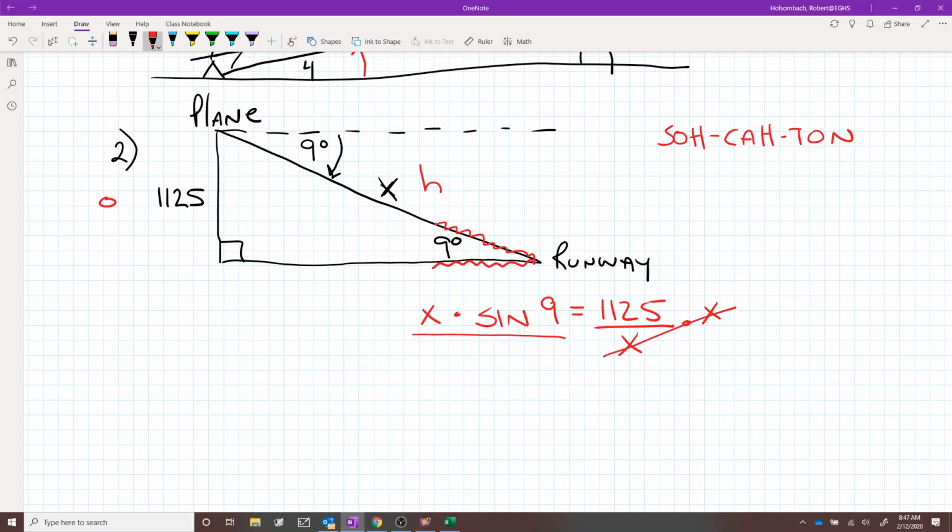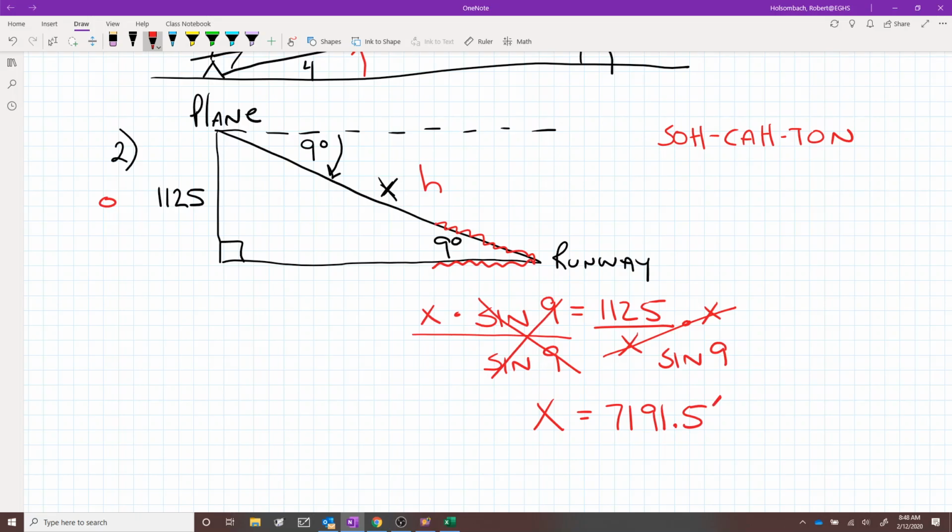And then you divide both sides by sine of 9. Your sine 9s will cancel. So your x, or the length of this hypotenuse, is equal to 1125 divided by sine of 9, which is 7191.5. That is in feet.